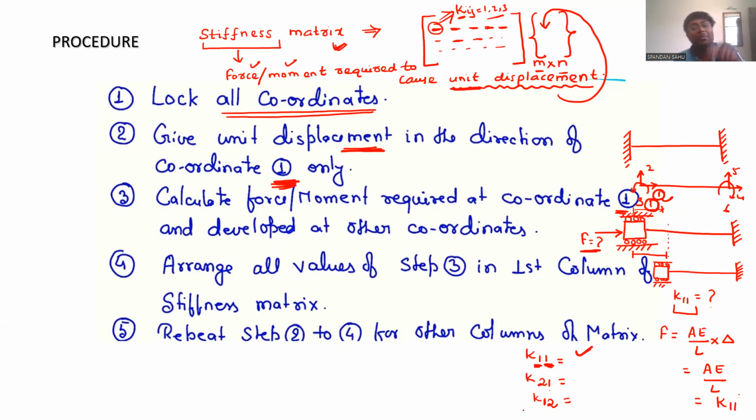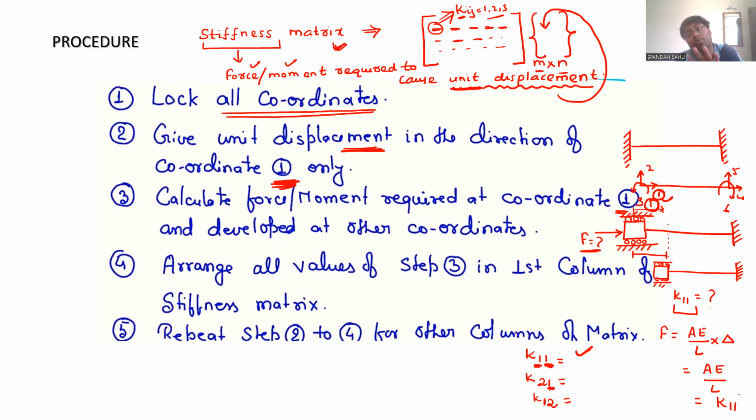Listen carefully because I will ask for other terms. K21 represents: the second subscript will tell you in which coordinate you want to give unit displacement.